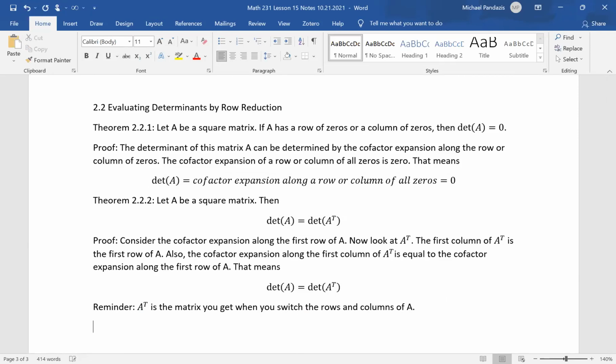So we have that the determinant of A is equal to the determinant of its transpose.